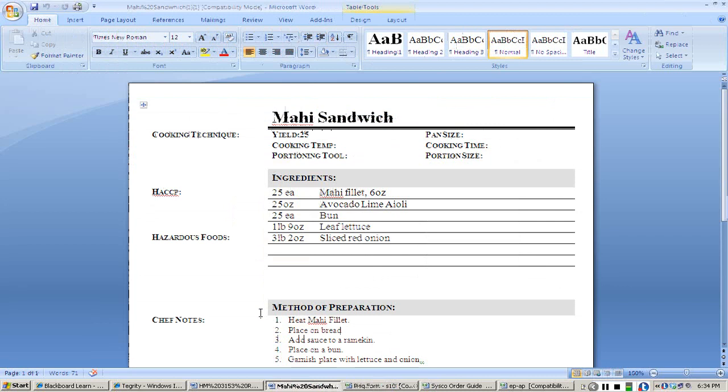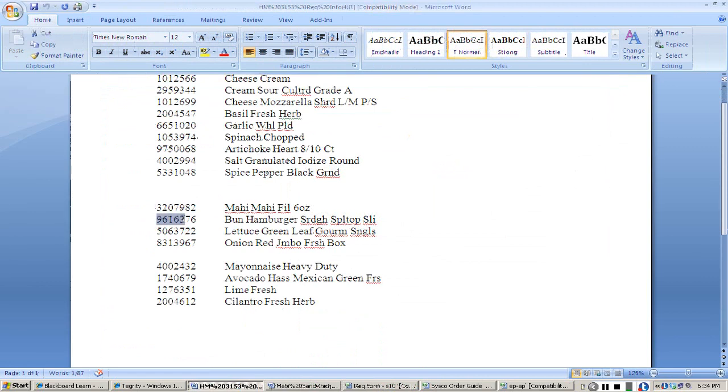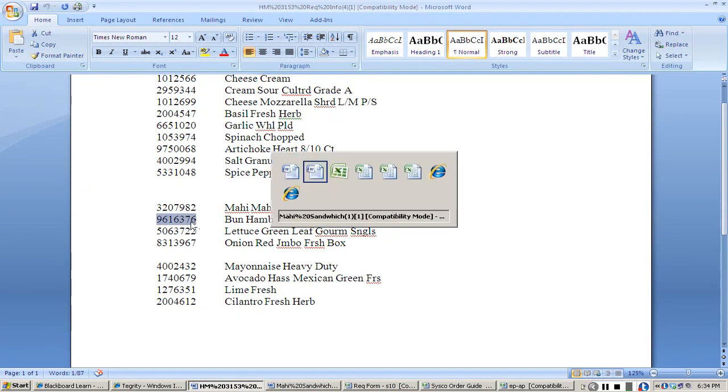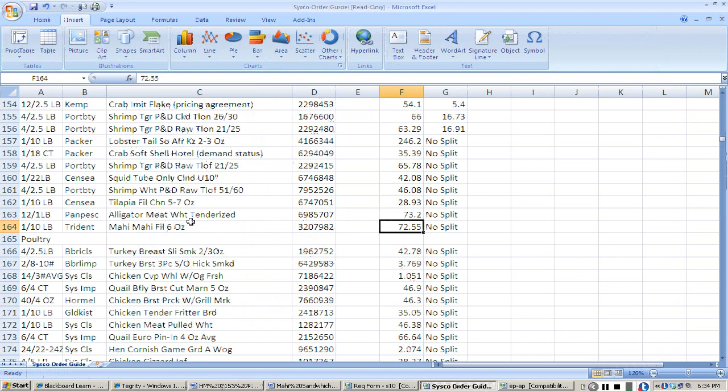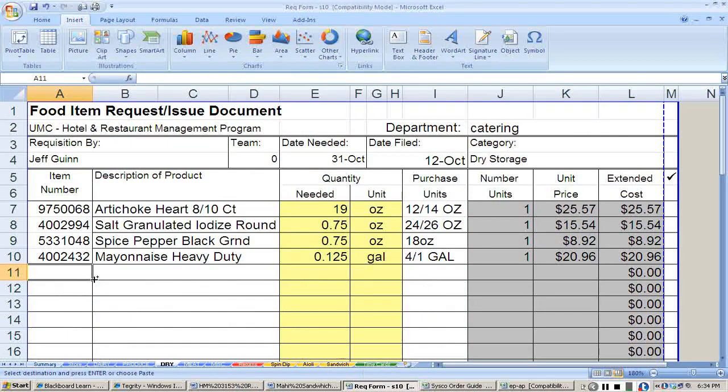Next up on the recipe is the avocado lime aioli. We've already requisitioned for all the stuff for the other recipes, so we just leave that alone for now. Next up, I need the hamburger buns. I'm going to put this in dry goods. You could have put it in miscellaneous.